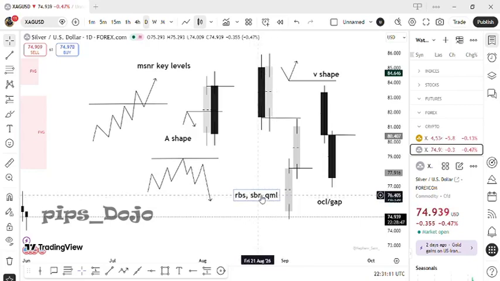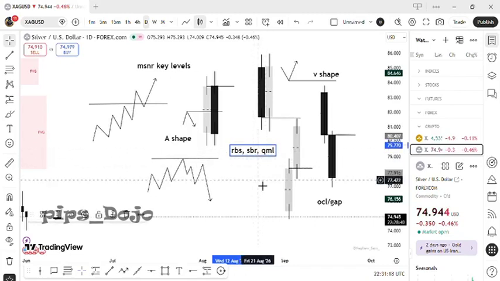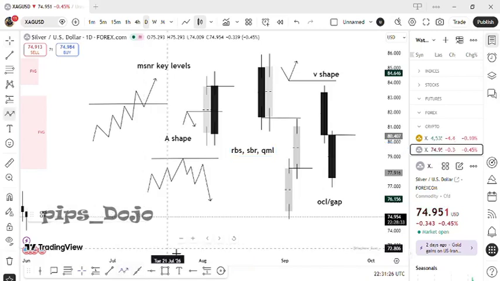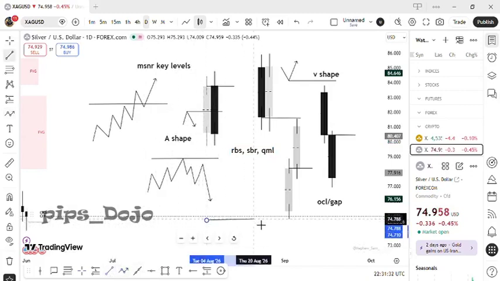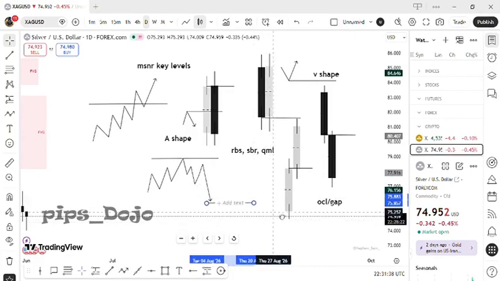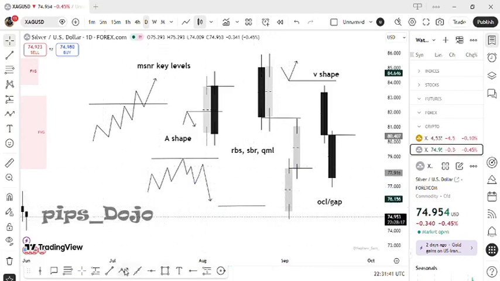So what does it mean for resistance to become support? It simply means the psychological level that was initially a resistance. Let's just show it. Let's say this is a resistance, and price is coming from below, and we have something like this.